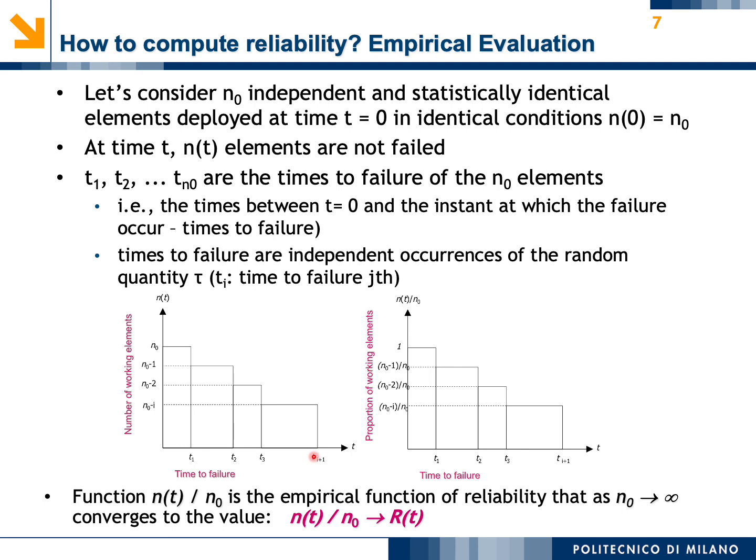If we count in each moment the number of components that are still working, so that are at the beginning n0, after t1 is n0 minus 1, after t2 is n0 minus 2, and so on, up to 0 after tn0, and we normalize this value with respect to n0, so considering n(t) the number of elements that are still working after t, the reliability in that moment is n(t) over n0.